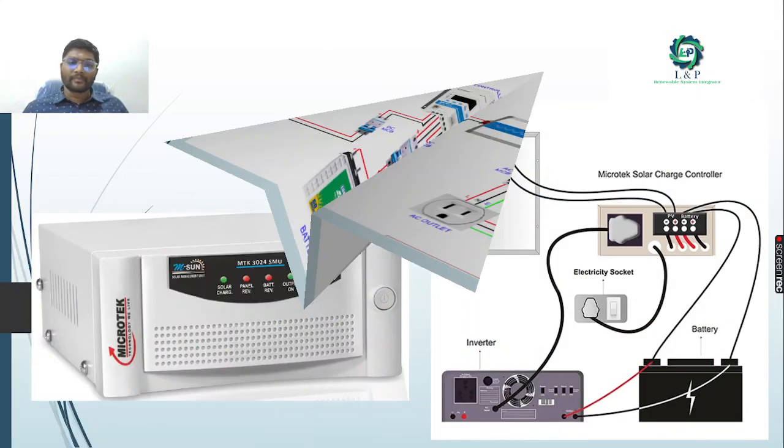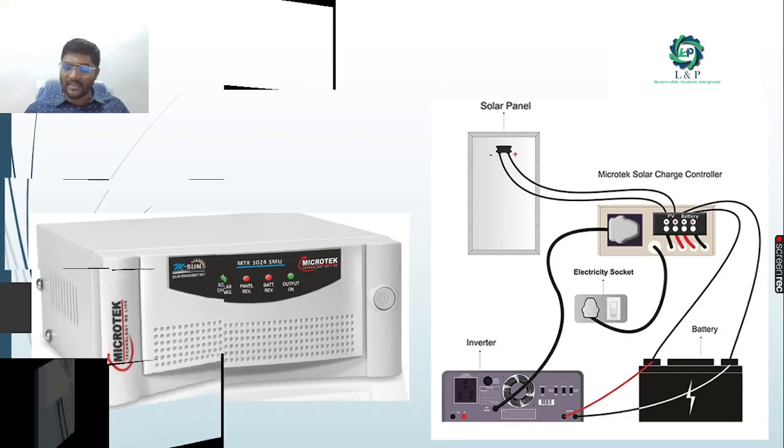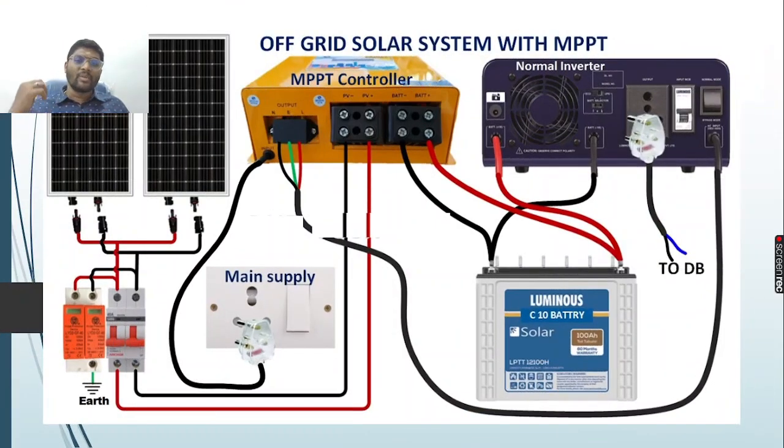This is one of the other systems where we have a separate solar charge controller. We have a normal inverter and battery, and using the solar panel we are charging our batteries. So this is one of the off-grid systems. As I told earlier, you can have a separate MPPT controller.